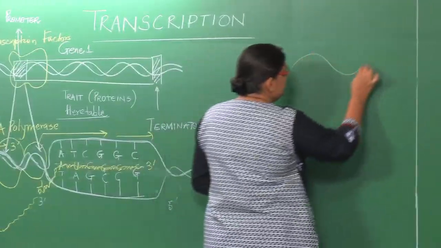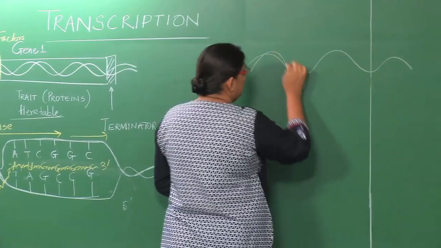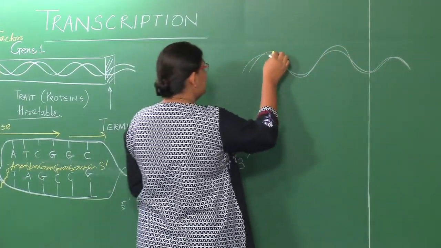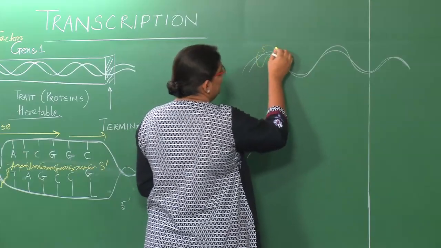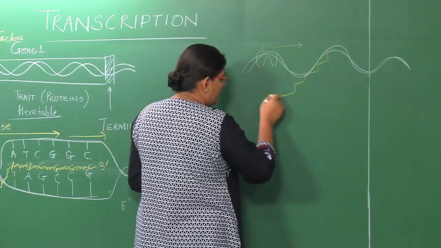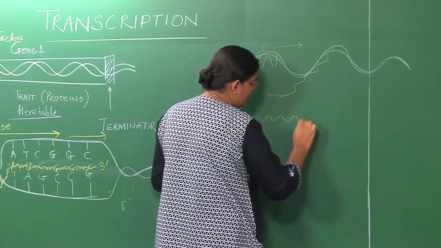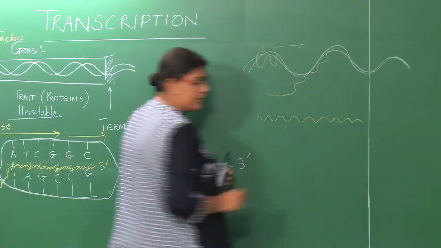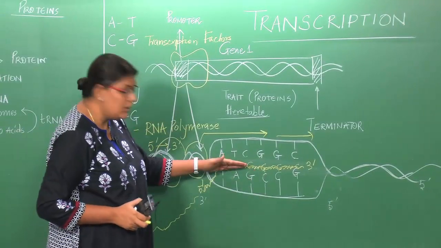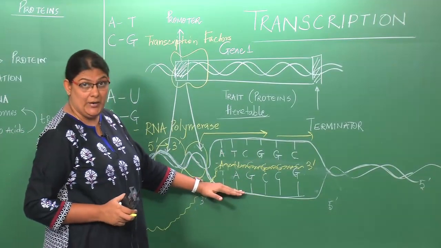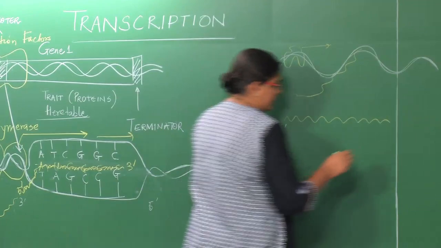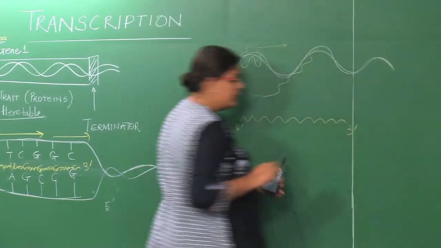You had this DNA, and then you had the promoter to which the RNA polymerase bound, started moving in that direction, and then it starts copying and gives you an mRNA molecule which is exactly complementary to the template strand, and that happens from the 5 prime end to the 3 prime end.